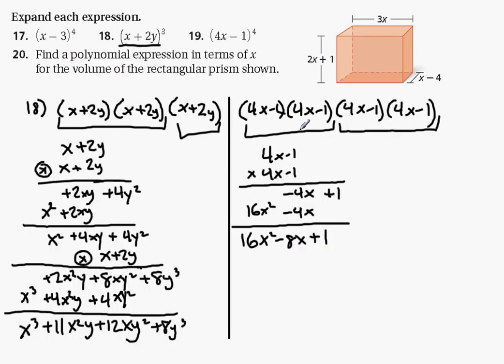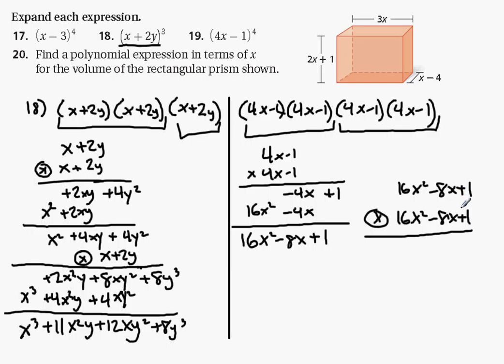Now, understand, if that's what this is, then we get the same thing here. So we're basically going to go 16x squared minus 8x plus 1 times 16x squared minus 8x plus 1.